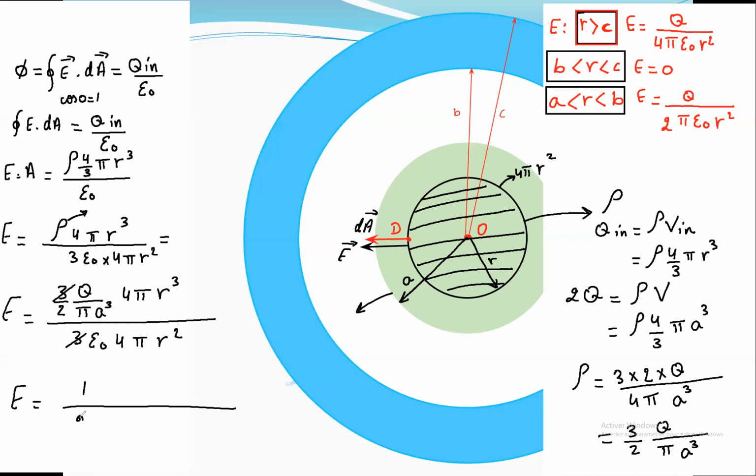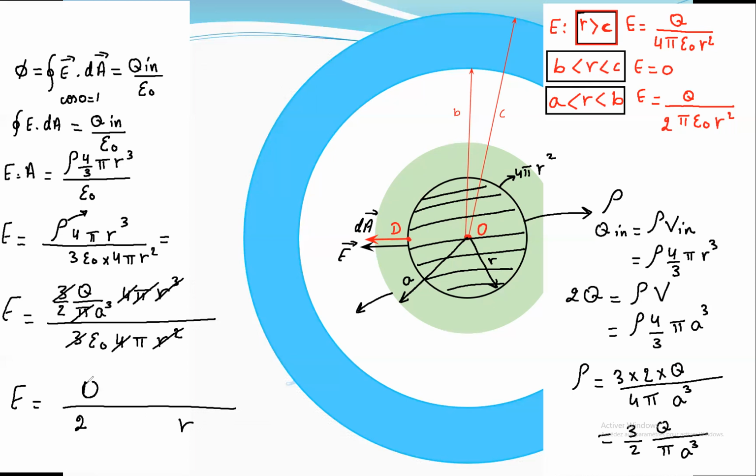We have 1 over 2, no, this pi and this pi, this 4 and this 4, r cube with r square, we get r.